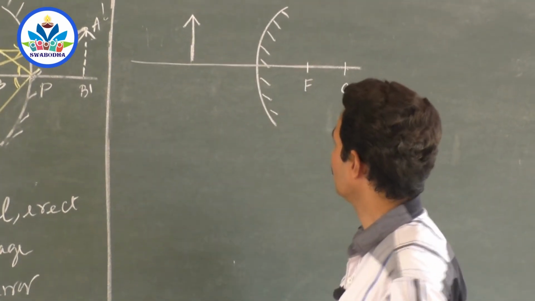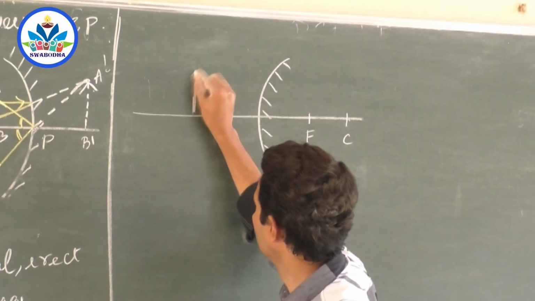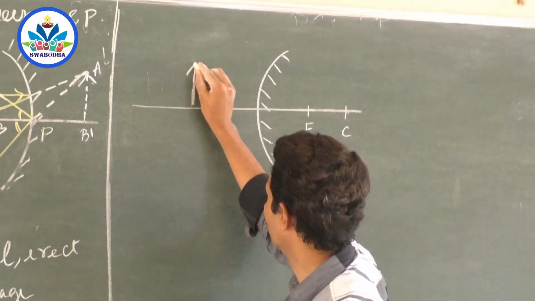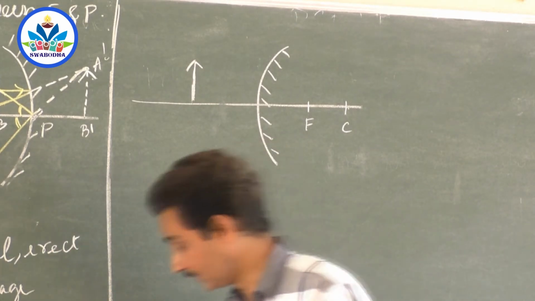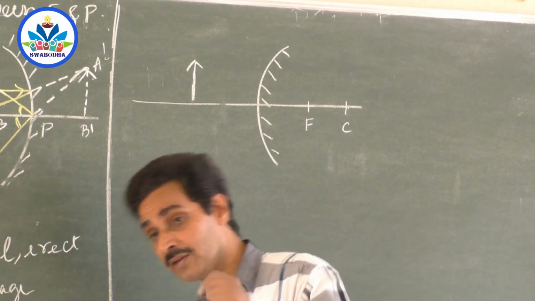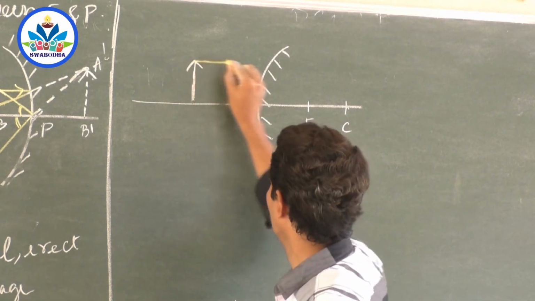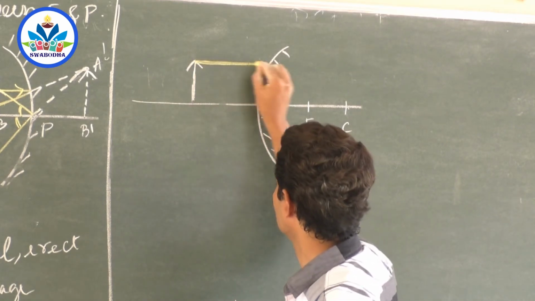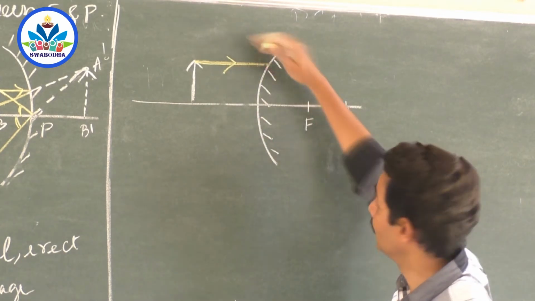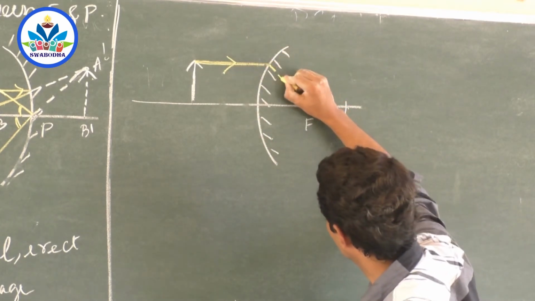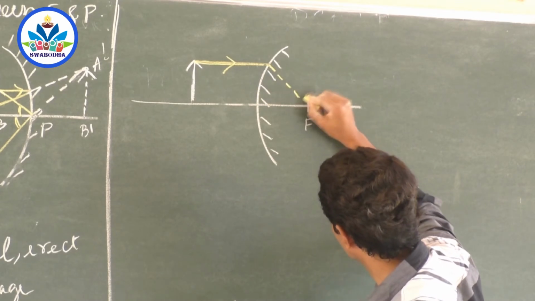Okay. Take two rays of light, one parallel to the principal axis. After reflection it passes through the focus in a concave mirror. Here it appears to diverge from the focus. Any ray of light passing parallel to the principal axis. So before getting reflected, you just confirm that this is a line which is towards the focus.